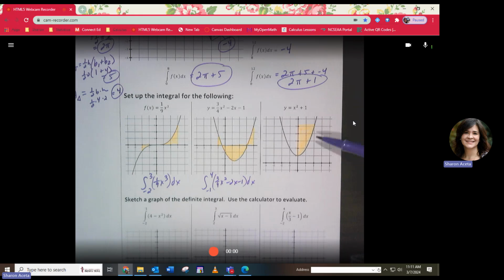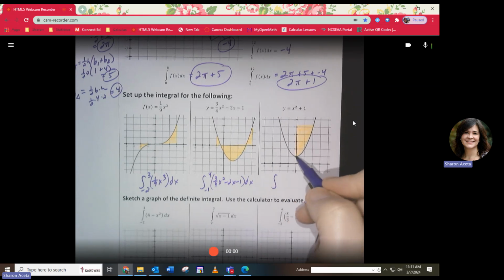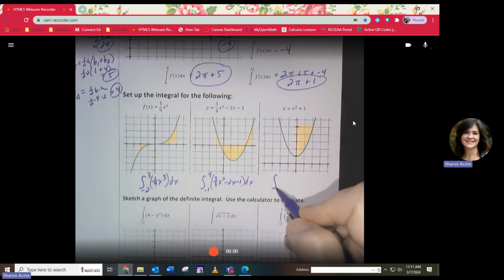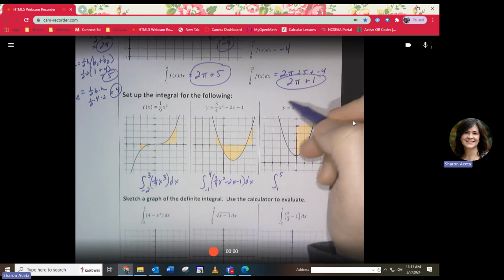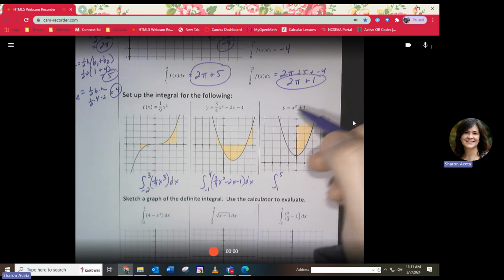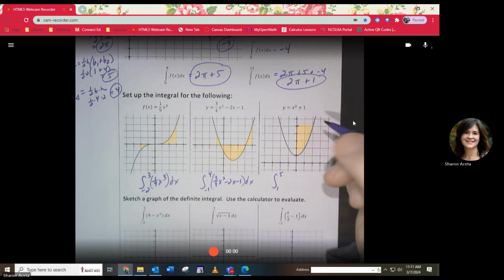This one is a little bit different if you notice, because I'm not going to the x-axis. I'm actually going to the y-axis. So my bounds on the y-axis are from 1 to 5. Well, if I'm going to the y-axis, then I want my answers to be in terms of y variables. So what I would do to this equation right here is solve this for x so that I would have y variables.